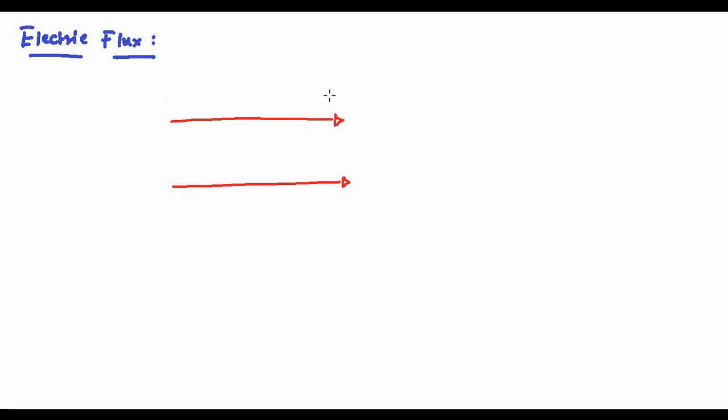So now we'll be discussing electric flux. Let's say we have an electric field, a number of electric field lines which are equally spaced, a uniform electric field. We are assuming the electric field intensity is uniform, constant, and we place a two-dimensional surface in its path.